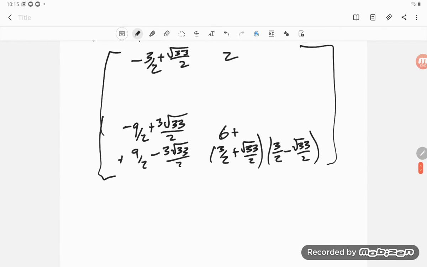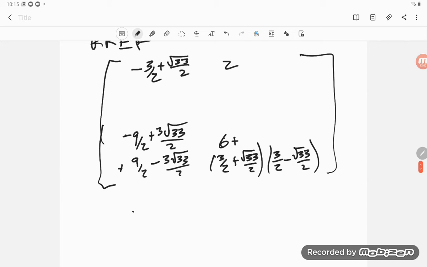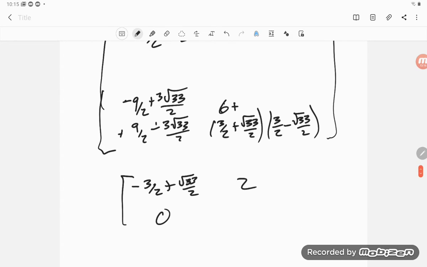Now, this first part in the lower left corner is obviously 0.